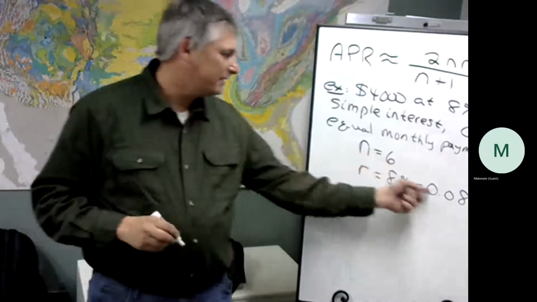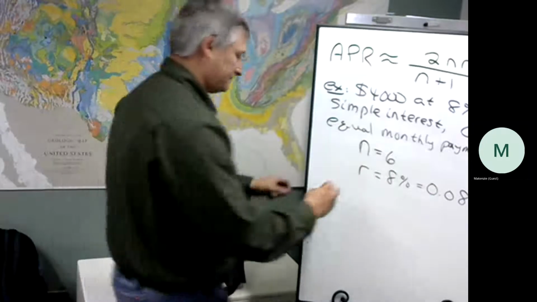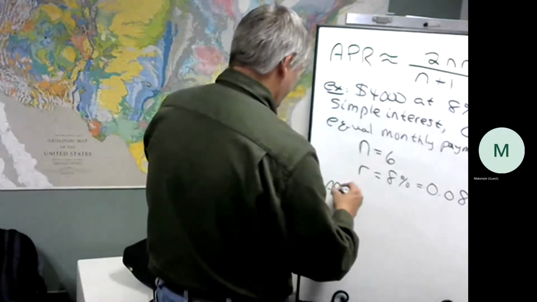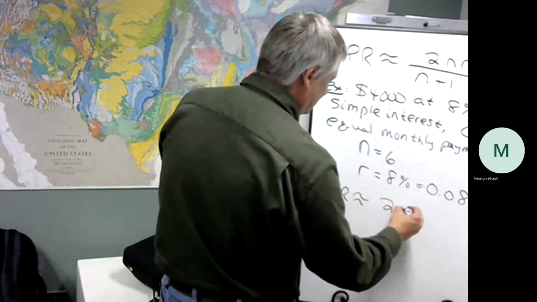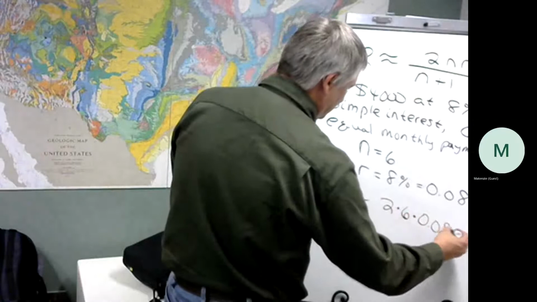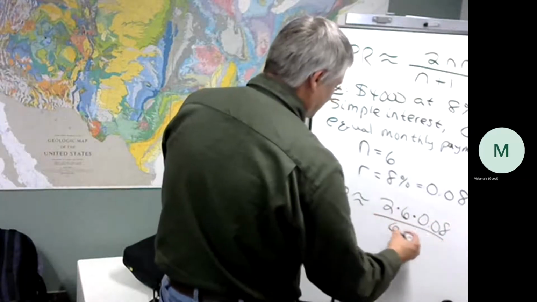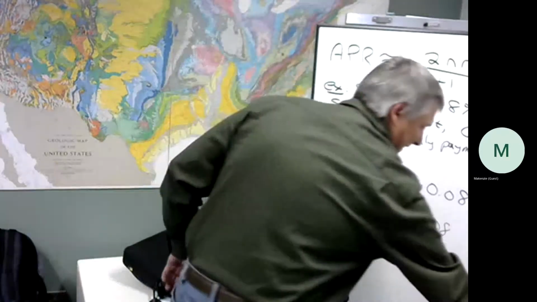And so we plug these numbers into that formula. The APR approximately is 2 times 6 times 0.08 over 6 plus 1. Let's take a look at that.